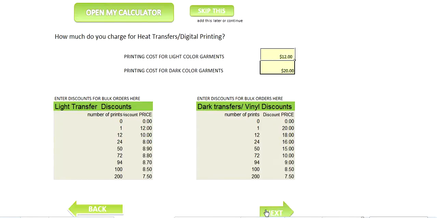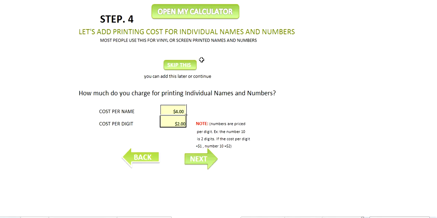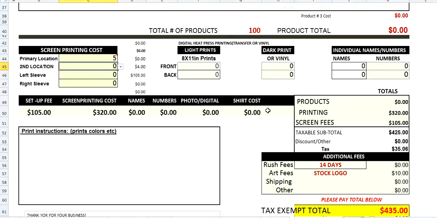Now let's just go in and show you guys that. Let's just put in 10 of those prints. You see, now we've got 10 prints at $12 a shirt.